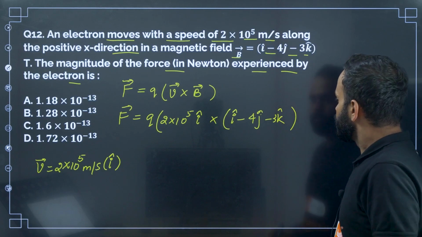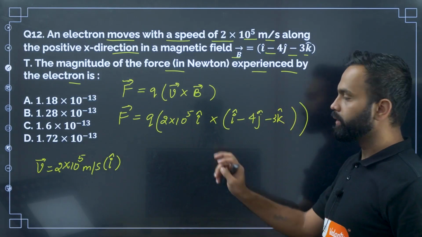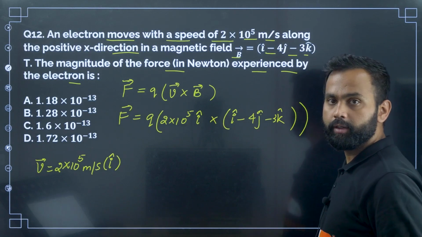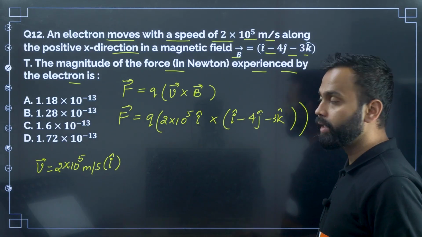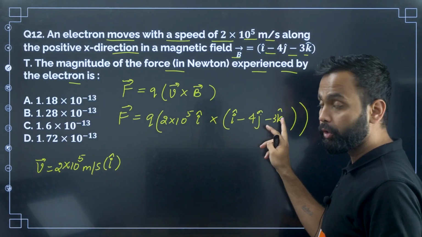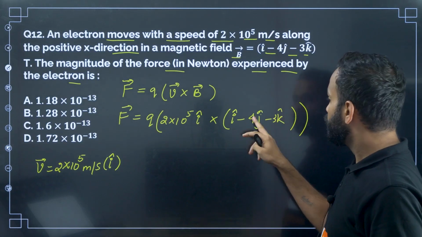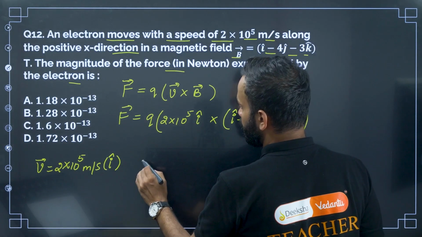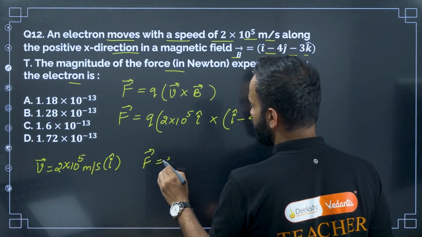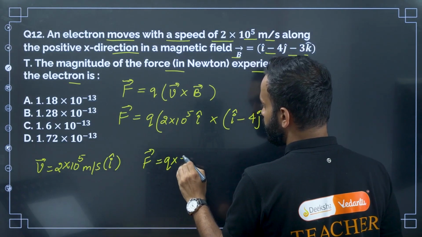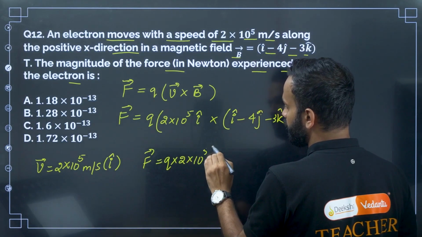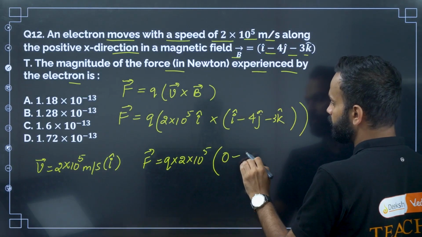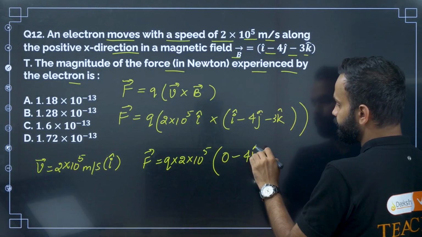right? So now we know that I cap cross I cap is 0, right? And then I cap cross J cap is K cap. So minus is there, so minus K cap. Okay, so now F vector is equal to Q into 2 into 10 to the power 5 into here 0 minus 4k cap.